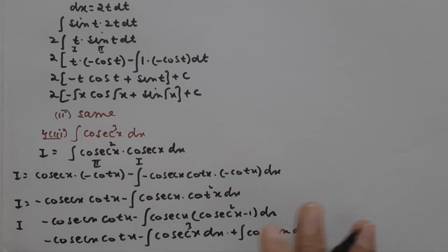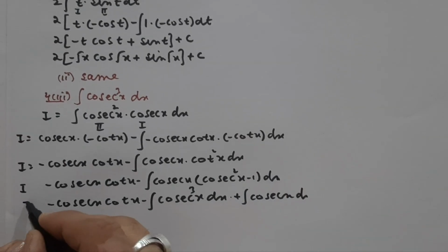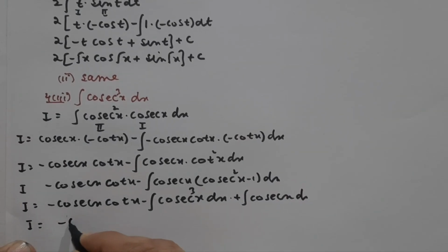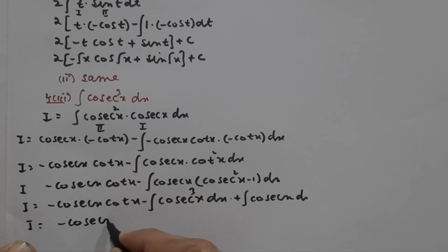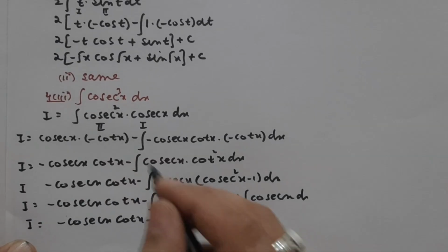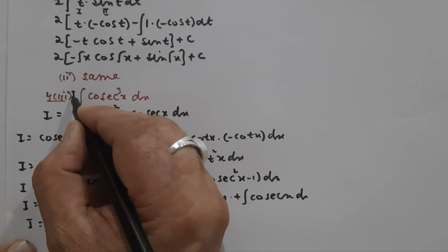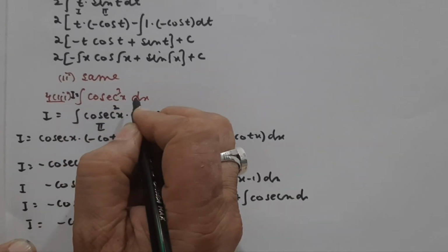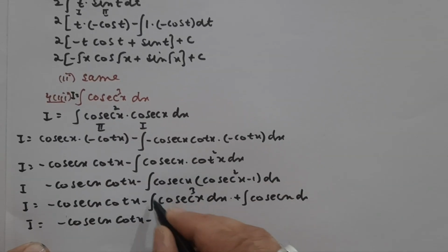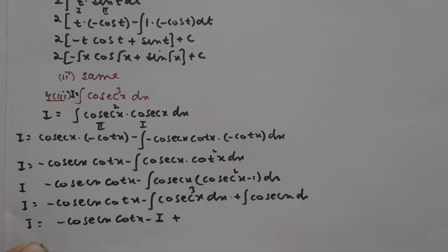I equal to, so what we do now, minus cosecant x cot x as it is. Now this factor is equal to I, because our question is integral of cosecant cube x dx and we wrote it as I. So in place of this we can write I plus integral of cosecant x.